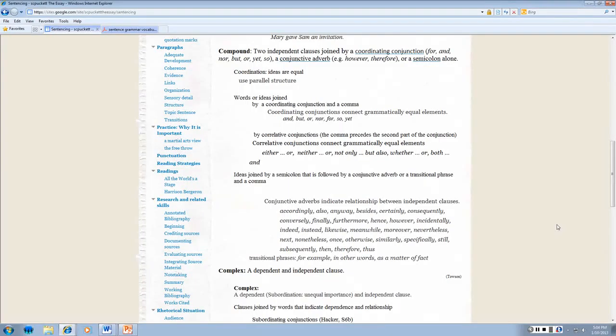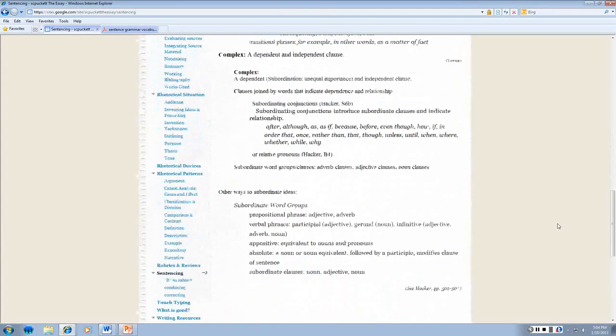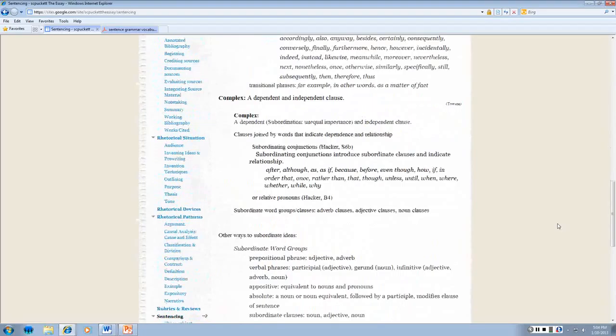Compound sentences, two independent clauses that are because of their construction, indicate that they are of equal value. A complex sentence means that one is dependent on the other. And that means that there is a relationship between them, that one idea is dependent on the other.